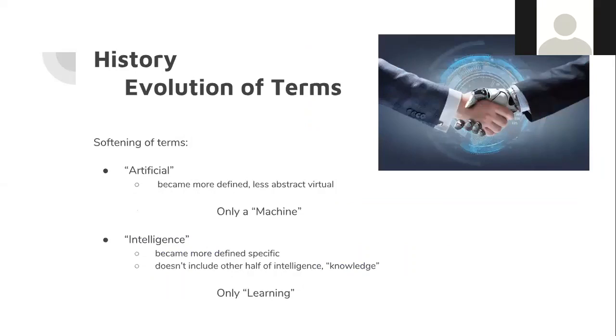Okay, so the difference between artificial intelligence and machine learning. They're really very, very similar concepts, looking at them from a definition. We have an intelligence, something that's smart, that's not real, so it's artificial. It's not human.